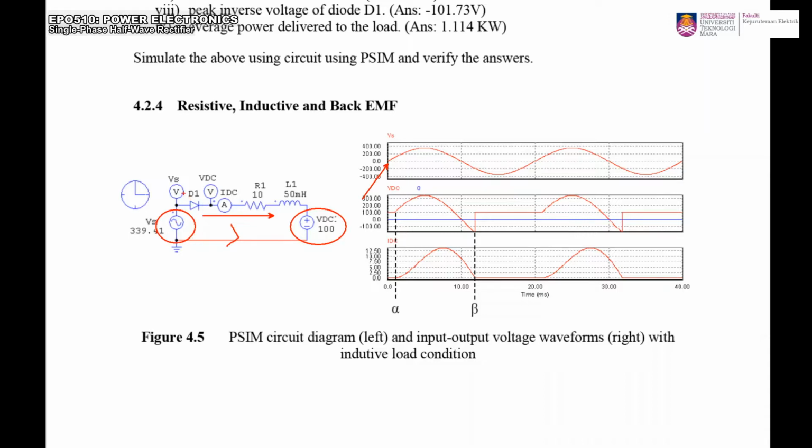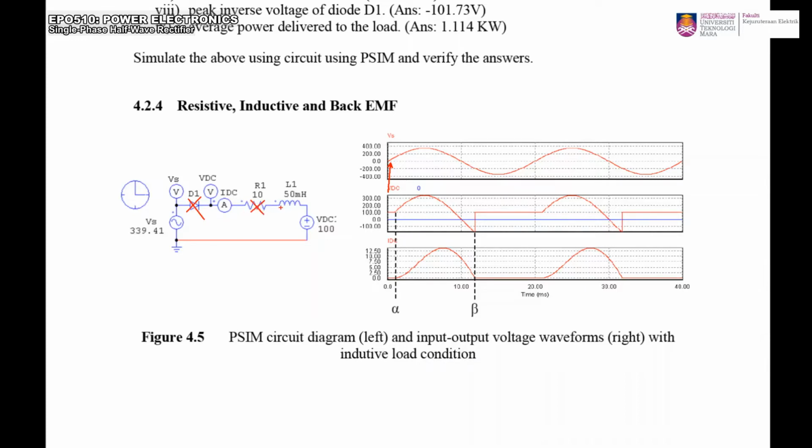Even though the diode is experiencing forward bias because the supply voltage is positive, since the back EMF is greater than the supply voltage at this instant, the diode will not be turned on, and therefore the current will be zero.